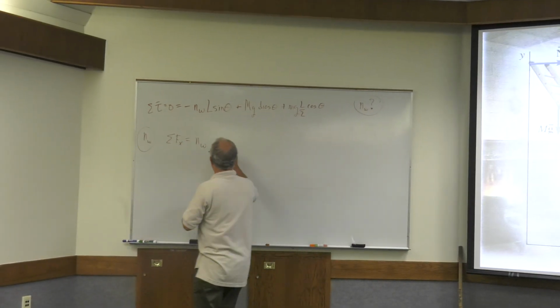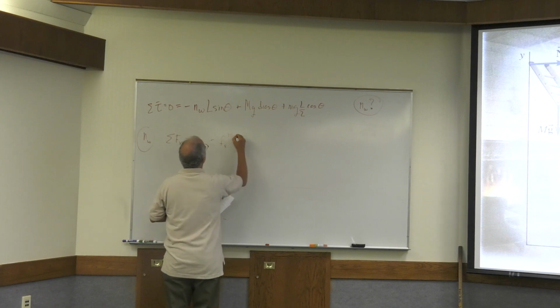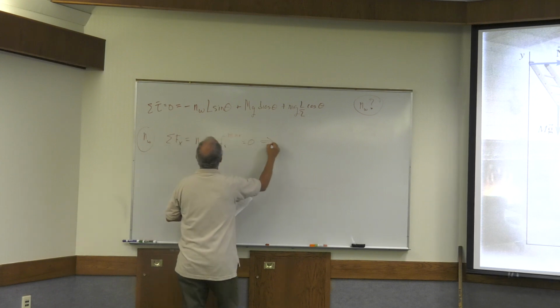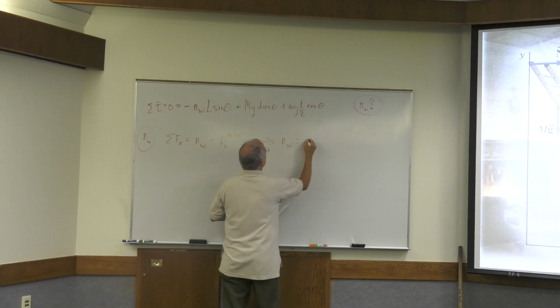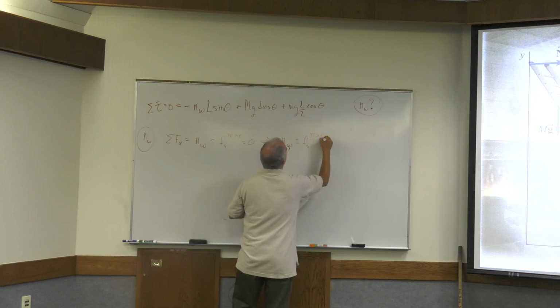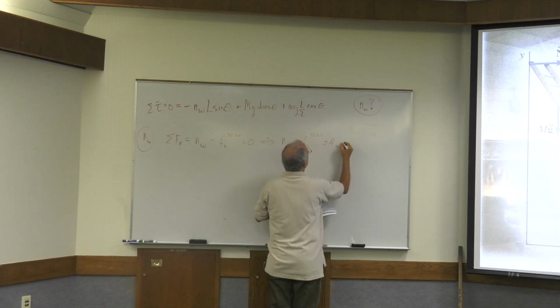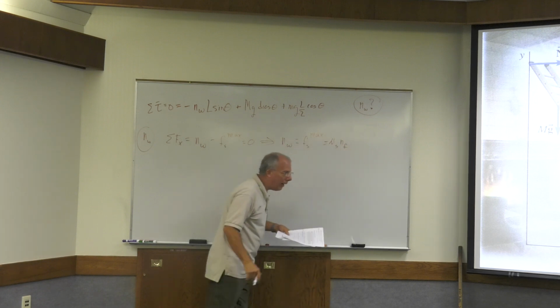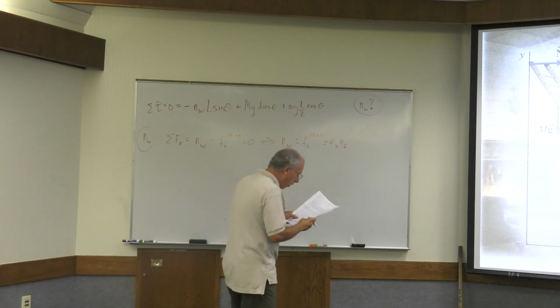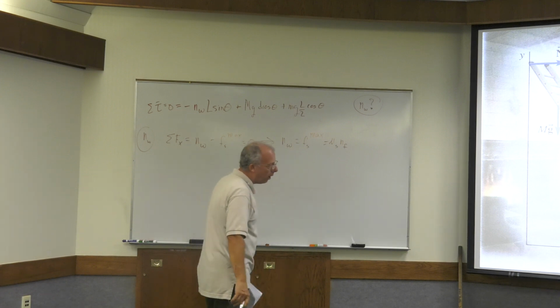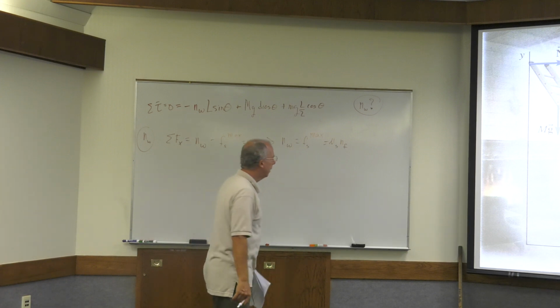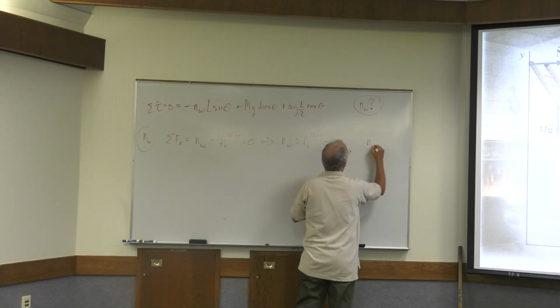So N_W minus F_s max equals 0. Therefore, N_W equals F_s max. But what's F_s max? Mu_s N_floor. Do I know N_floor? No.